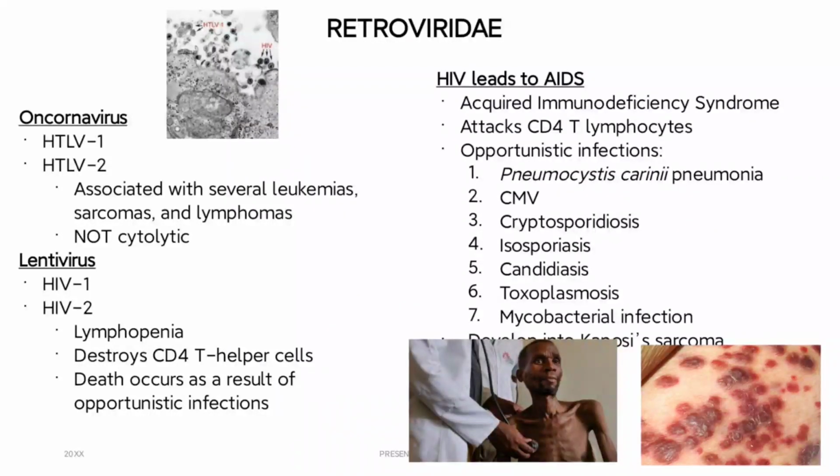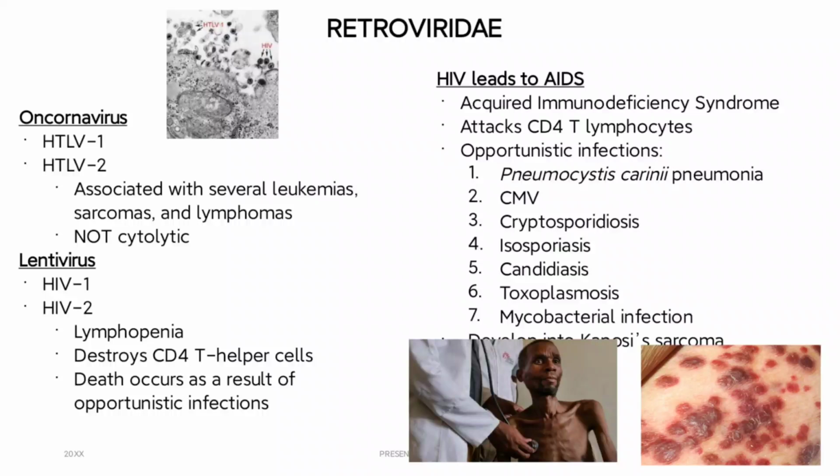Okay, so technically, cancers, or neoplastic diseases, no? Whereas the lentivirus, which is HIV1 and HIV2, causes lymphopenia. They are cytolytic because they destroy the CD4 T helper cells.